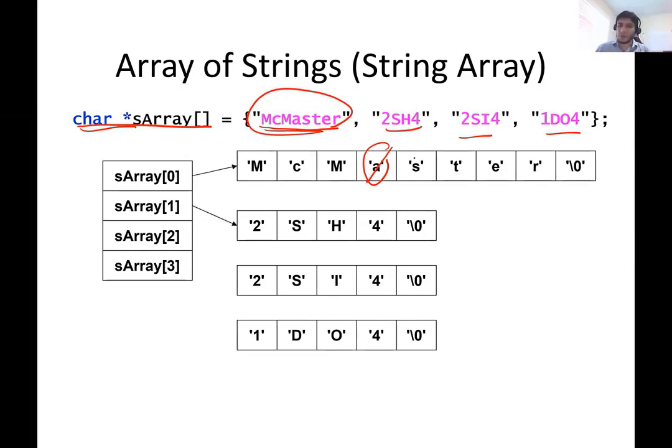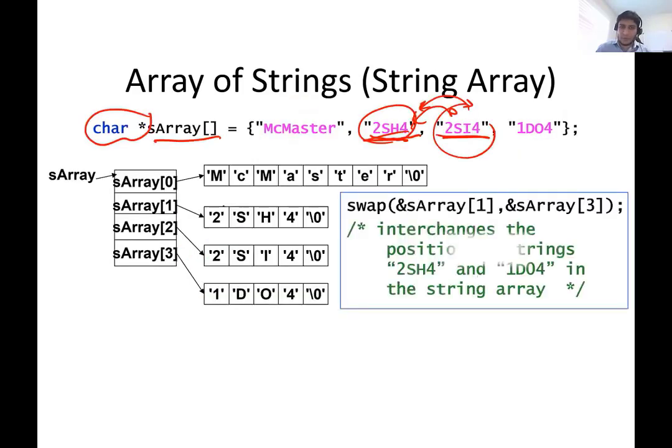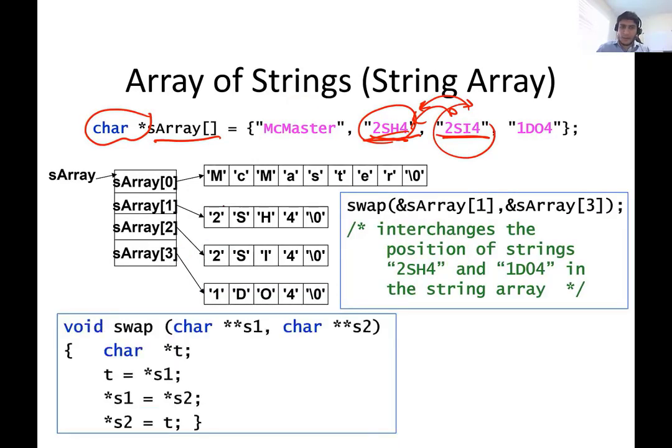So assume I want to exchange SH4 and SI4. What I would simply do is just exchange these 2 pointers, right? I know that this one is pointing to SI4, this one is pointing to SH4.